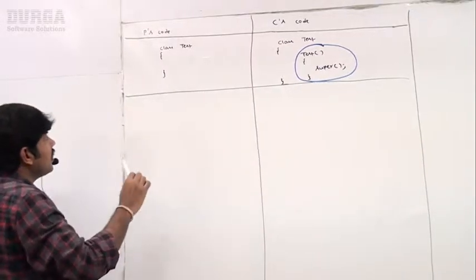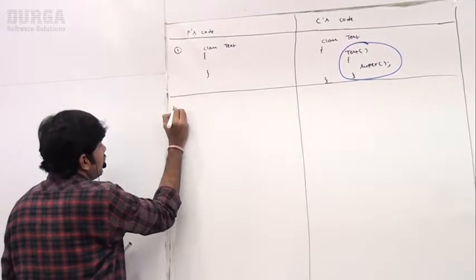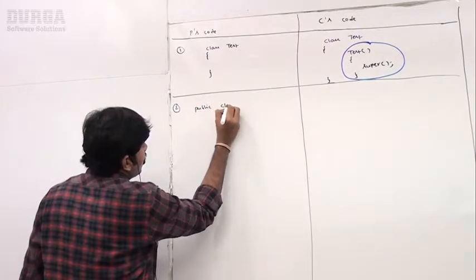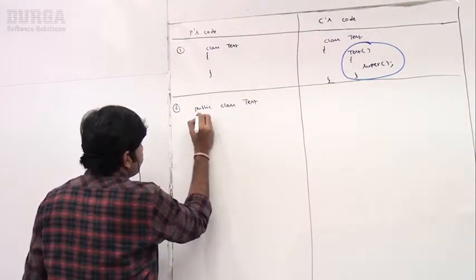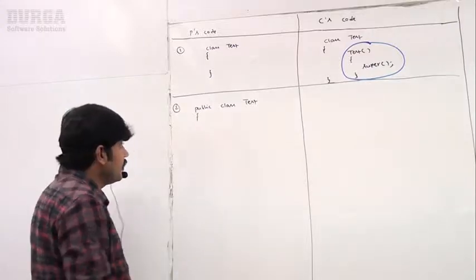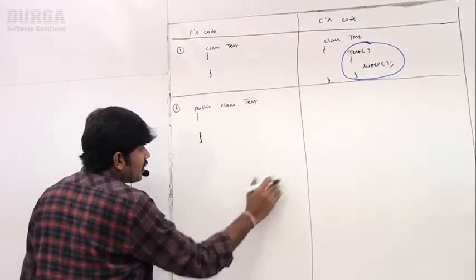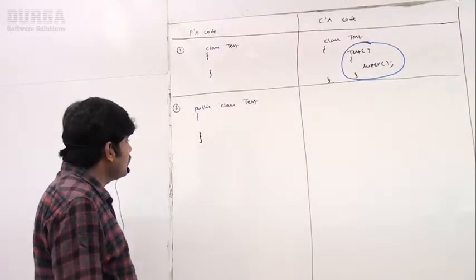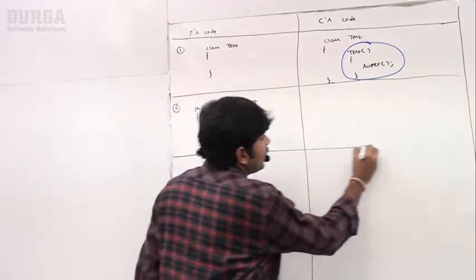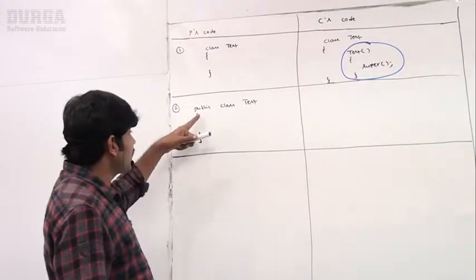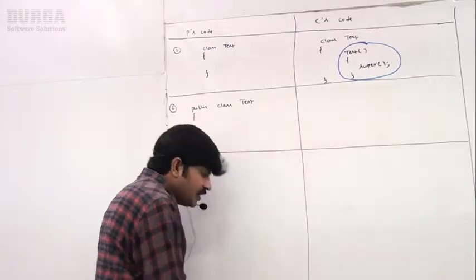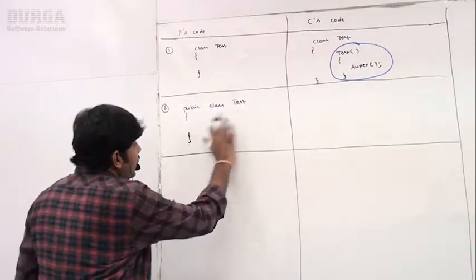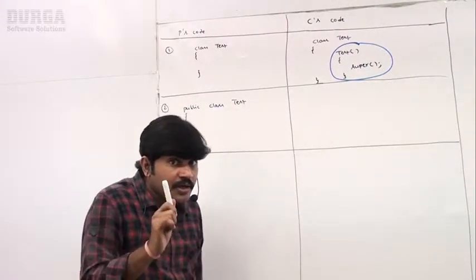Now the second scenario. This was the first one. Assume I am taking public class test, with curly braces open and close and no other code. In this case, will the compiler generate any code? Yes, definitely, because if you are not writing any constructor, the compiler always generates a default constructor.